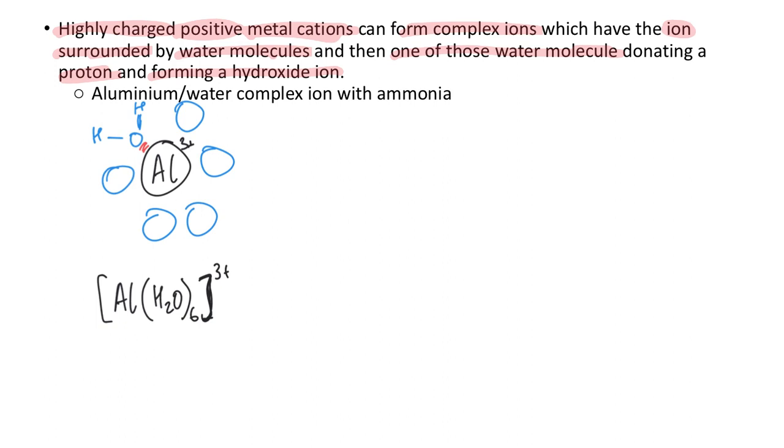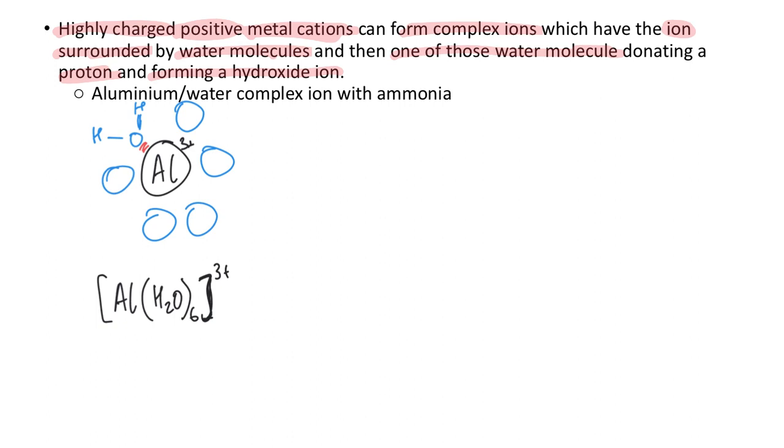So before it had no hydrogens, and remember, to be an acid, it has to have hydrogens. These highly charged positive metal cations are listed as acidic in the table. So now it has these waters around it, it has the ability to act as a proton donator.